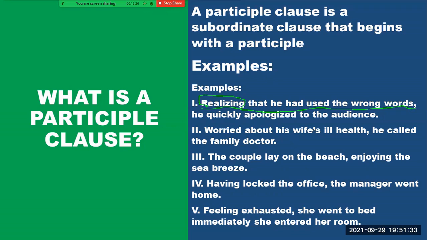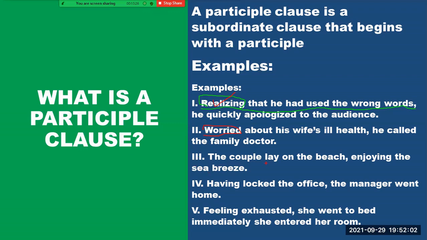Now, the second example: worried about his wife's ill health, he called the family doctor. The participle here is a past participle, worried. Worried about his wife's ill health, he called the family doctor.